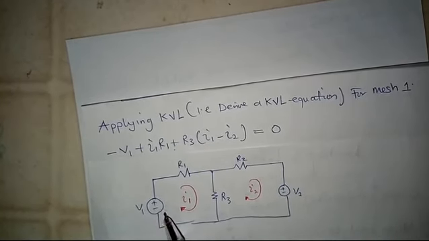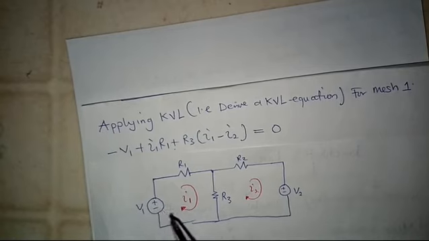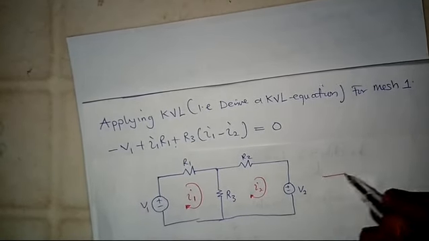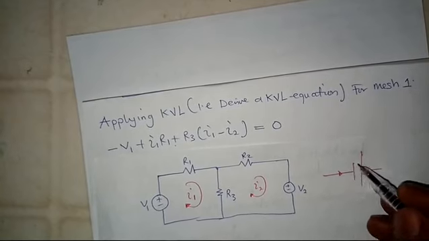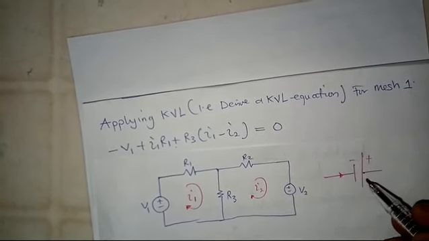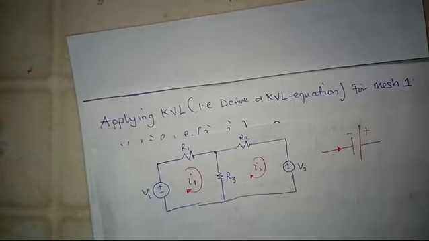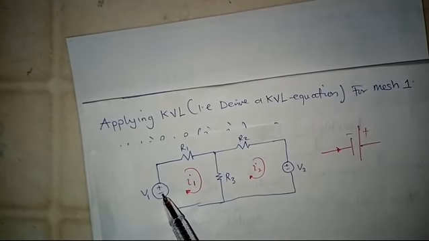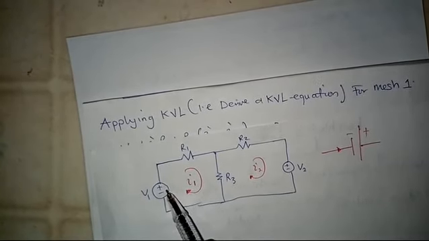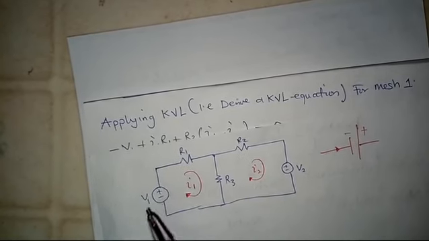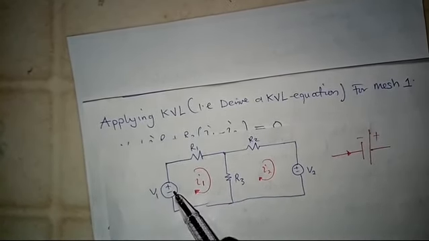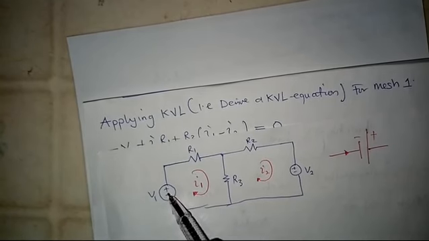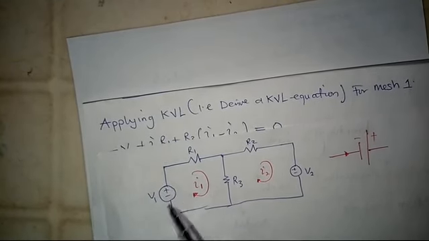Remember that current always flows from lower potential to higher potential. Now, if this current is flowing from negative to positive, this V1 sign will carry a negative sign. But if it's flowing in the inverse direction, that is from positive to negative, it carries a positive sign.